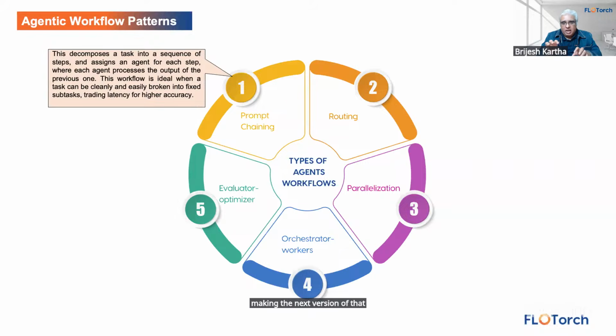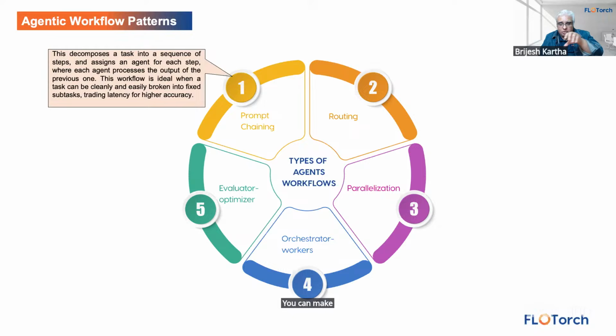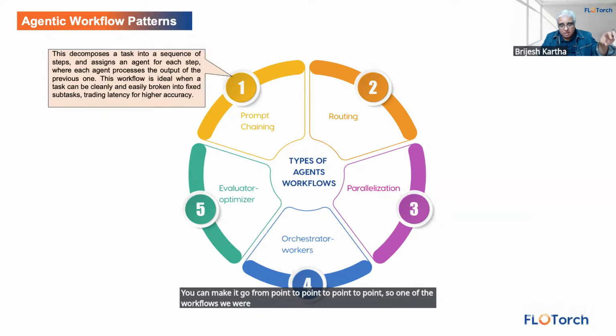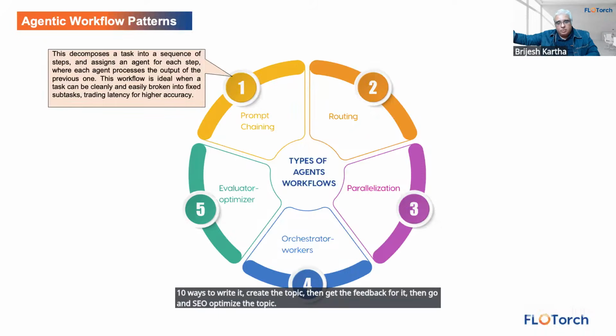So, by having this kind of agents, we can have the scenario where things are happening, self correcting, and then changing. So, prompt chaining is one way where you can make it go from point to point to point. One of the workflows we were working on was that you take a topic, you find 10 ways to write it, create the topic, then get feedback for it, then SEO optimize the topic, then take it out, right?